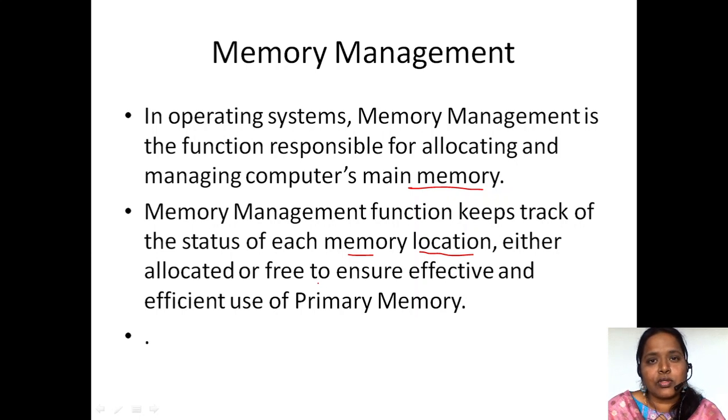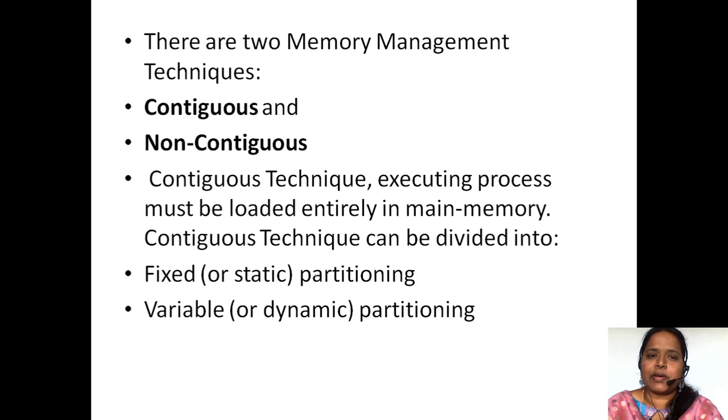If we know that number beforehand, we can accommodate the two waiting processes. If we don't know the number, we can't accommodate the processes. So in order to know in advance and be effective and convenient for the processor, we have memory management. It keeps track of each and every memory location. So that is memory management.